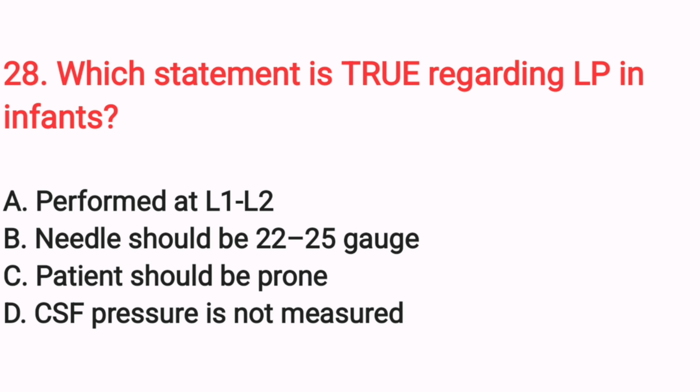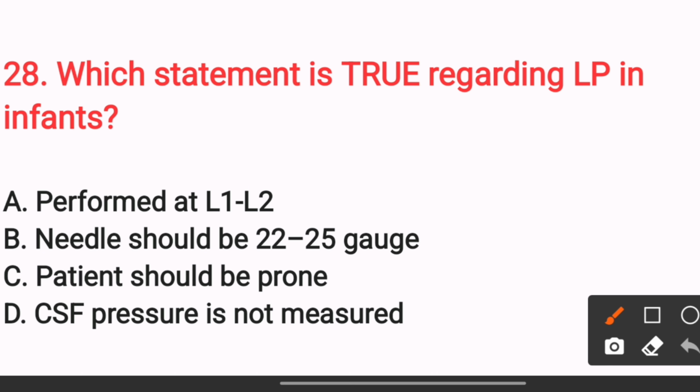Next, which statement is true regarding LP in infants? Option A, performed at L1, L2. Option B, needle should be 22 to 25 gauge. Option C, patient should be in prone position. Option D, CSF pressure is not measured.